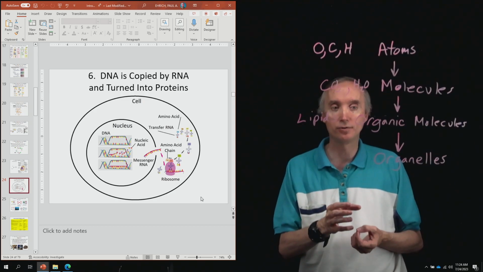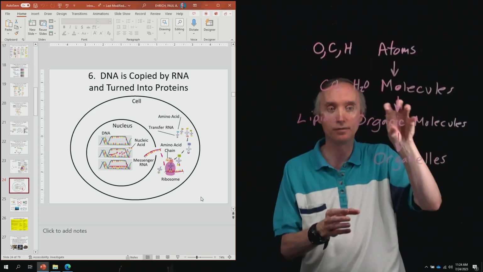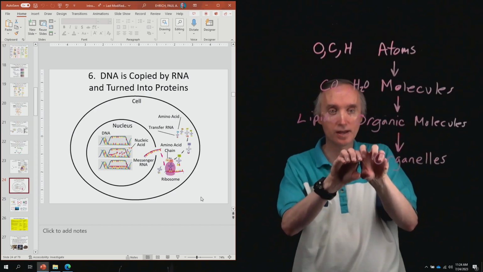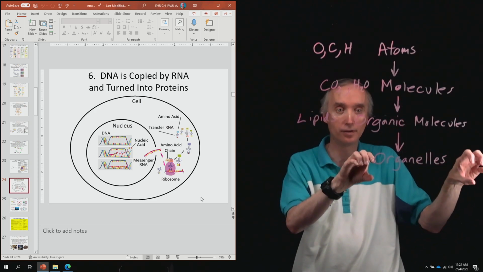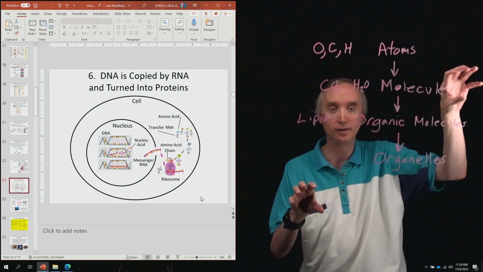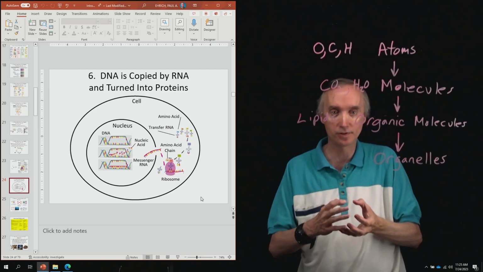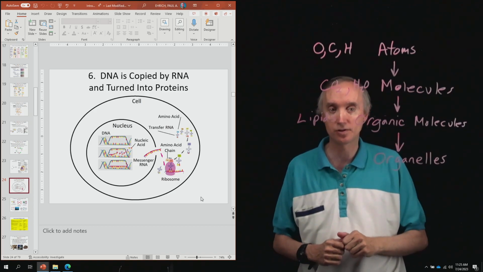And then the ribosome, in turn, is going to grab amino acids out of the cell and start to attach them one after another. And then when those amino acid chains leave the ribosome, they then begin to fold in on themselves, and then that makes a protein.